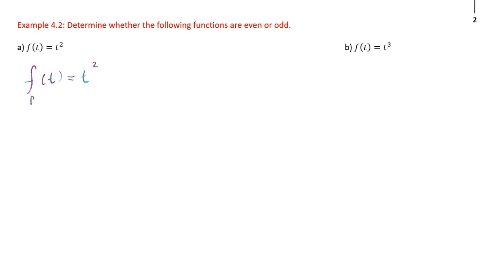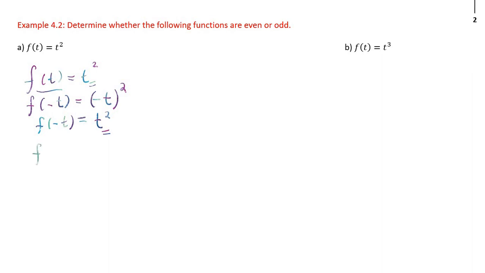If we put negative t beside the t, similar to the right side, it equals negative t squared, which equals t squared, similar to f(t).